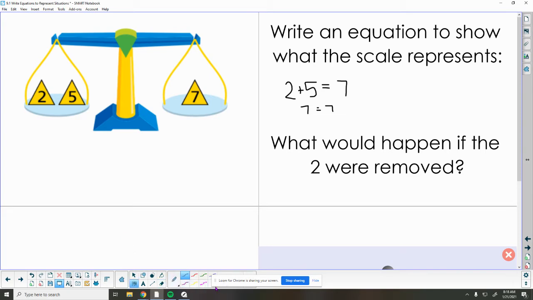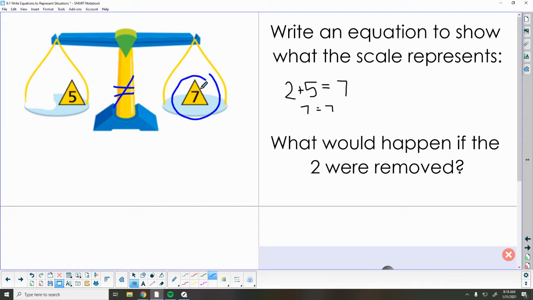So let's take this here and remove our 2. So what's going to happen to the scale? So think about that for a second. So this scale now is not balanced. So which side is heavier?